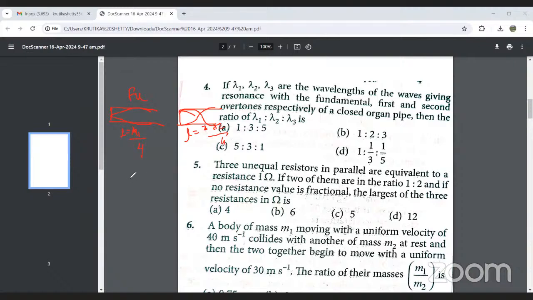If you see for the second overtone, what you will get? You will get it as, that is the first, this one, then the second, just roughly I am drawing, okay. This is L is equal to, we will take it as 5 lambda 3 divided by 4. Now can you tell me what is the ratio of lambda 1 is to 2 is to 3?